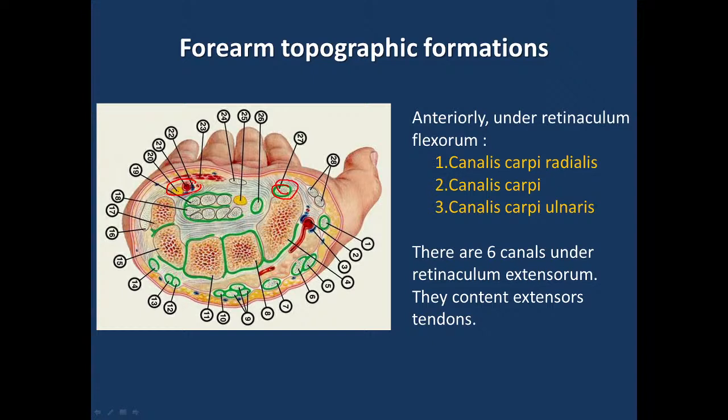So all of these canals are located under the fascia, which is a thick fascia, and this part of the fascia is located between the proximal bones of the hands, the carpal bones.